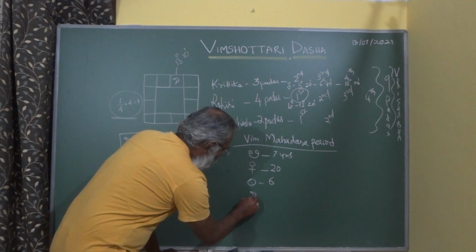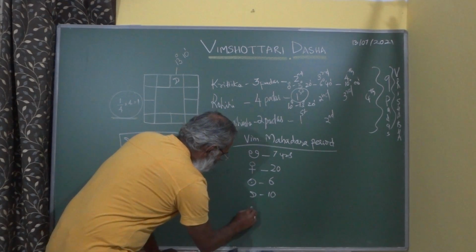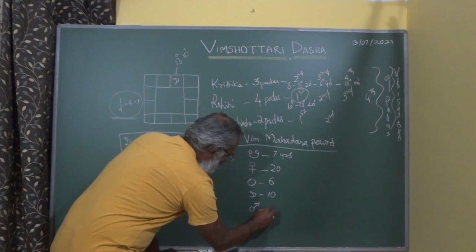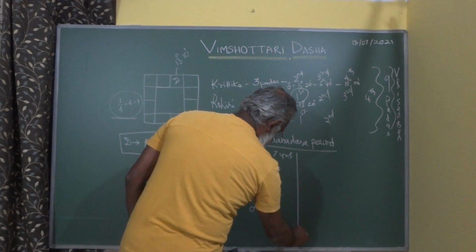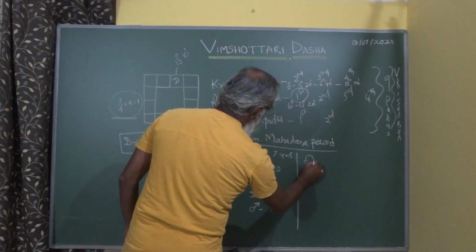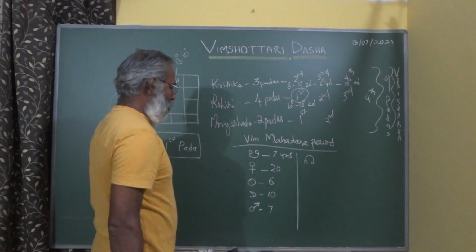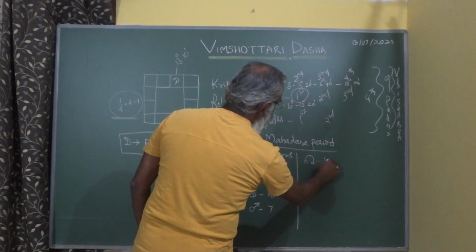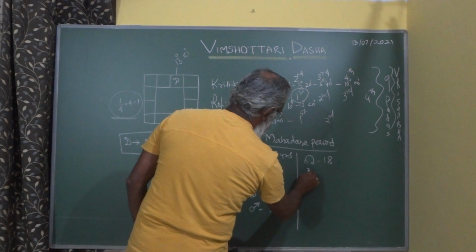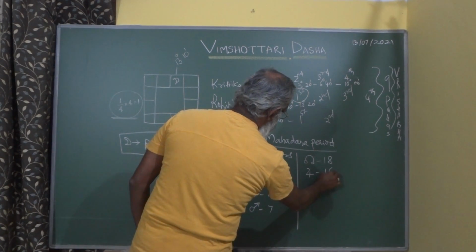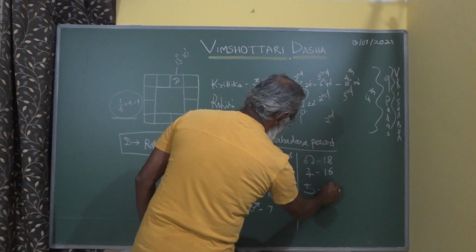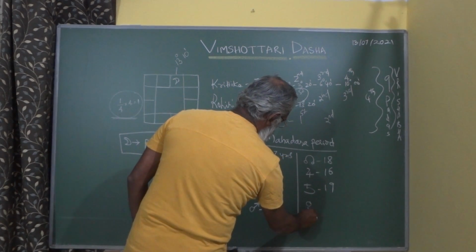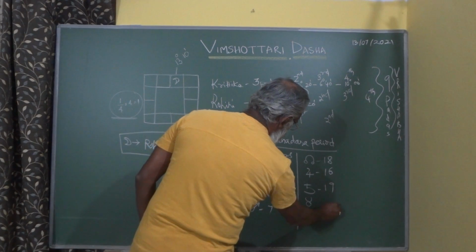Then we have Moon, 10, Mars, 7, then Rahu, 18, we have Jupiter, 16, Saturn, 19, and finally we have Mercury at 17 years.